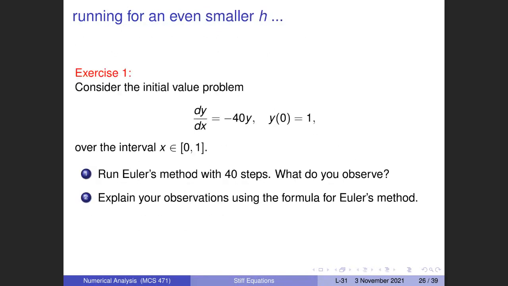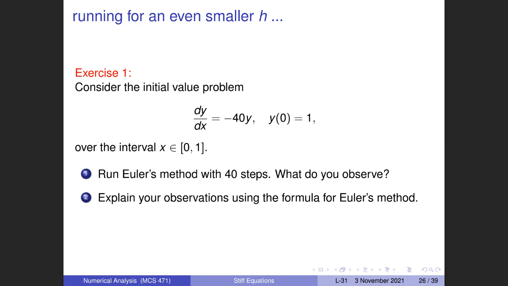All right, the first exercise, experience this for yourself. So we have a deep distrust now for Euler's method. Let us do this for even smaller h, and explain what is happening, looking at the formula of Euler's method.